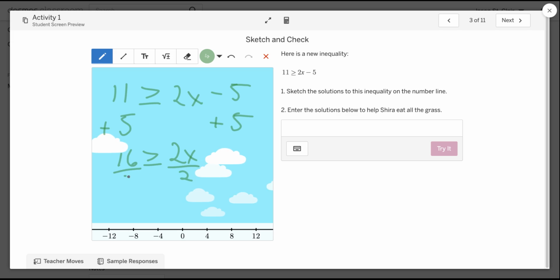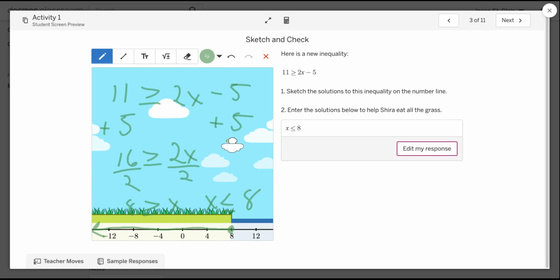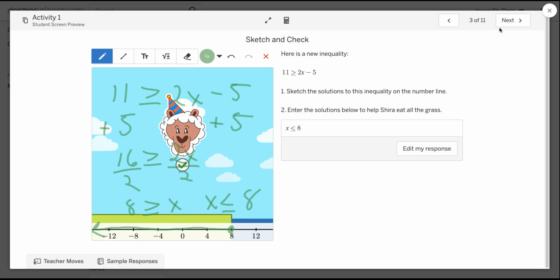Going to divide by 2. 8 is greater than or equal to x, or x is less than or equal to 8. So we're going to put a closed circle and an arrow going to the left. And now we're going to put that in. And we're correct.